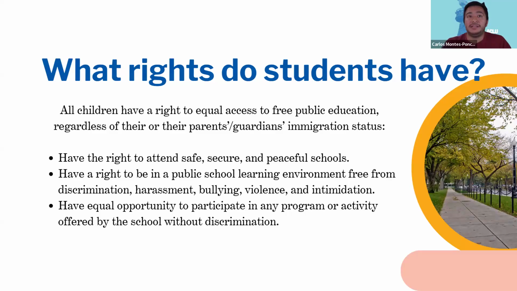We have mixed status families. Our community is very, very diverse in California. So with that, we want to ensure that those students have a right to be in a public school that's free from discrimination, harassment, bullying, violence, and intimidation, and that everybody has an equal opportunity to participate in any program or activity offered by the school without discrimination.